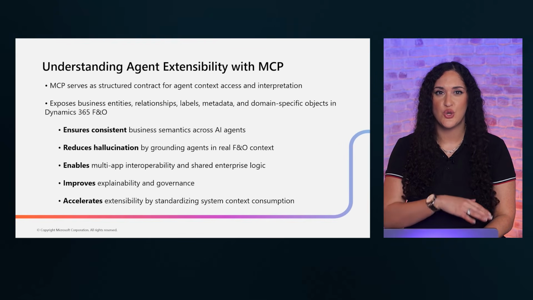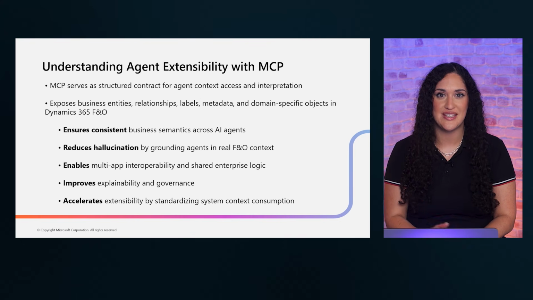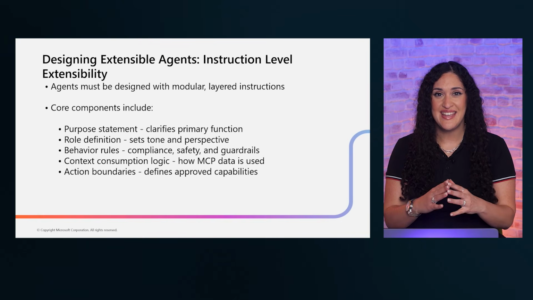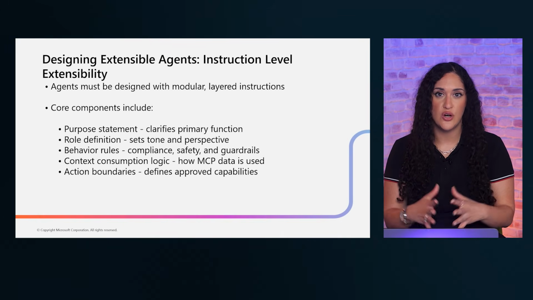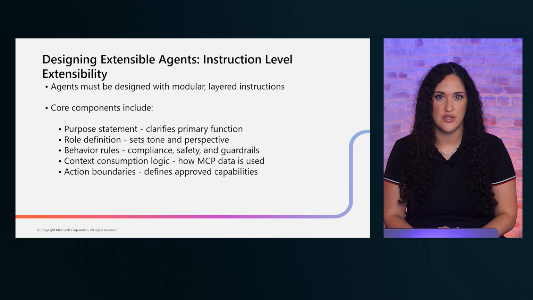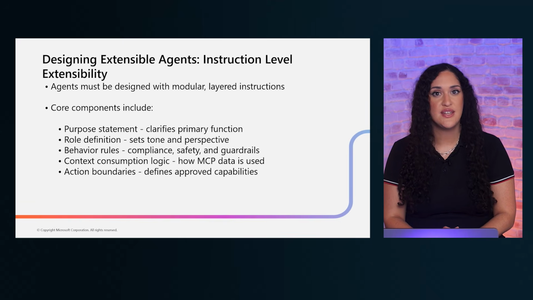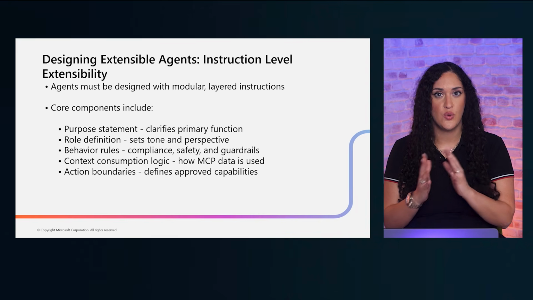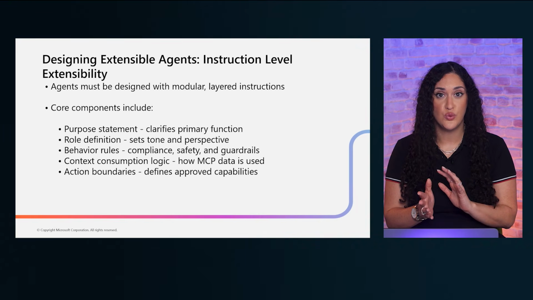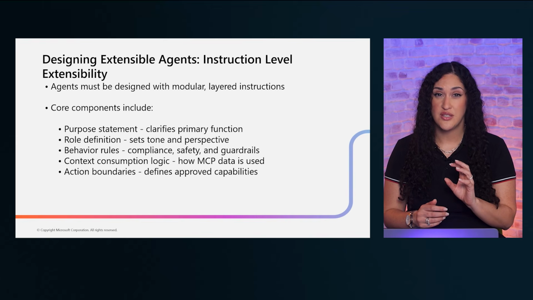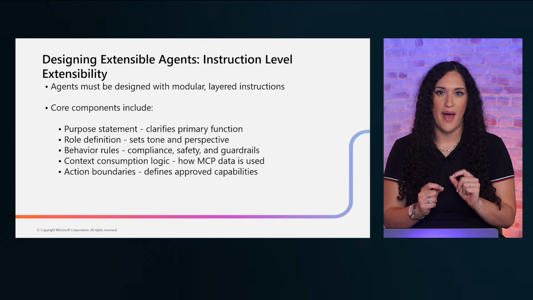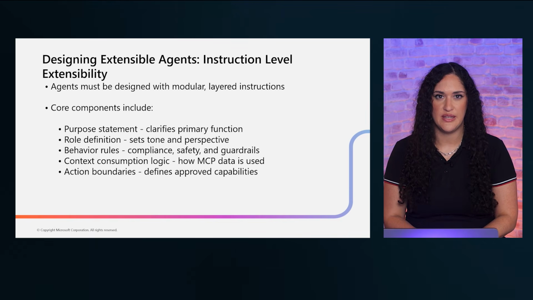Treat MCP as your single source of truth for business context across your entire AI portfolio. Designing extensible agents with MCP starts with modular, layered instructions. Every agent needs 5 core components: a purpose statement that clarifies its primary function, a role definition that sets tone and perspective, behavior rules for compliance and safety, context consumption logic that defines how MCP data is used, and action boundaries that define approved capabilities.